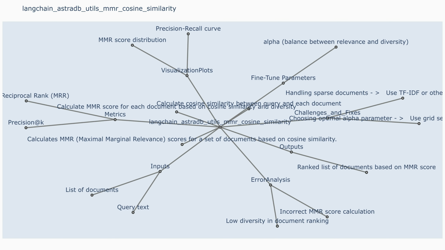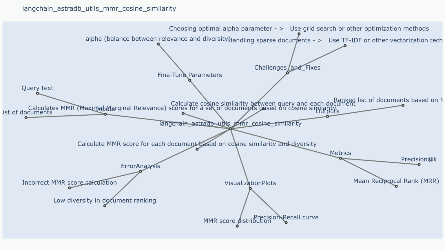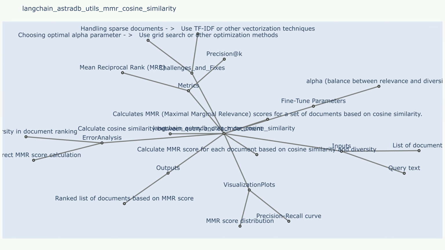Langchain Astra DB utils MMR cosine similarity. Description: this utility function calculates the cosine similarity between two vectors, which are typically representations of text documents. It leverages the MMR maximal marginal relevance algorithm to select the most relevant and diverse documents. Inputs.